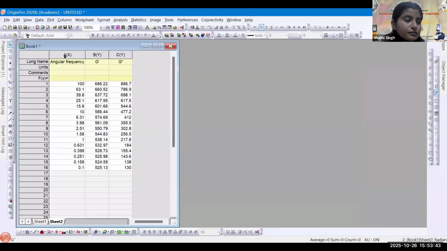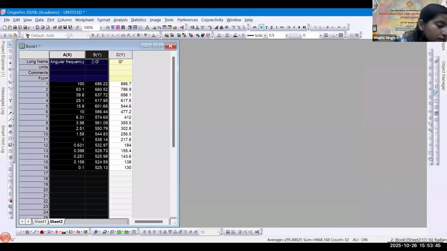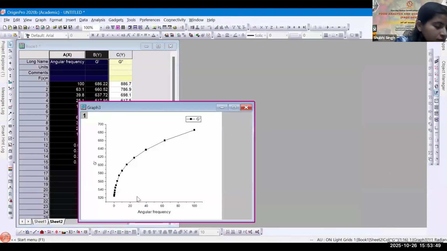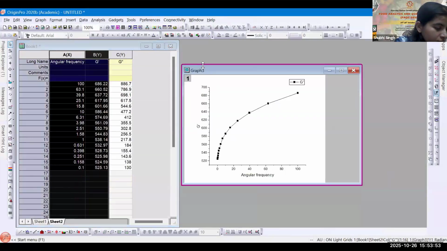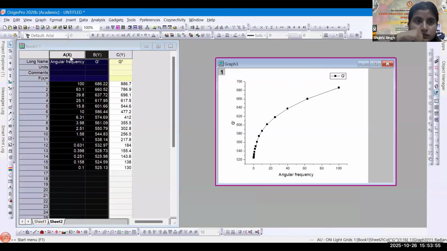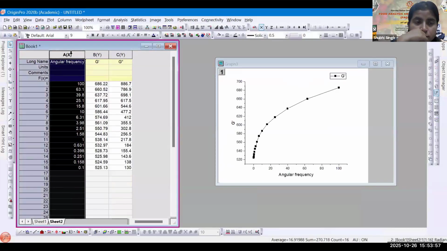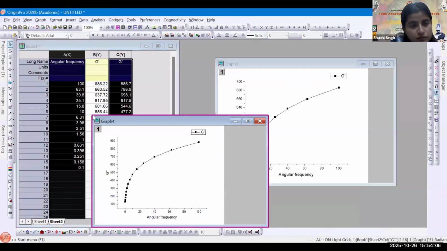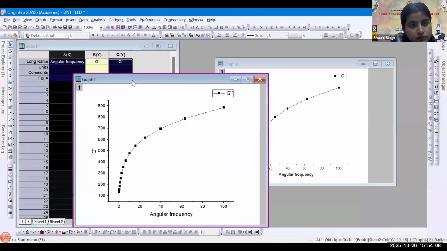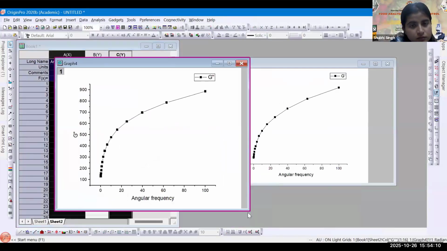I will first plot these two graphs separately. Just select this x-axis and Control plus select this y-axis, and then choose the line plus symbol graph, and here you have two graphs for G prime and G double prime.